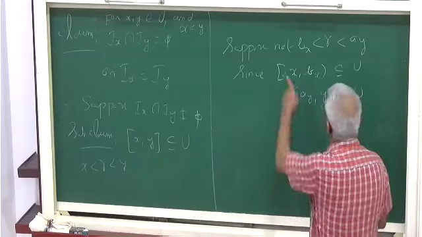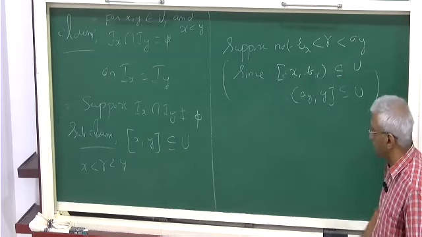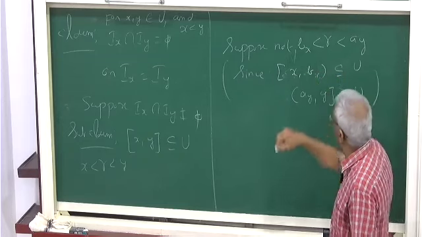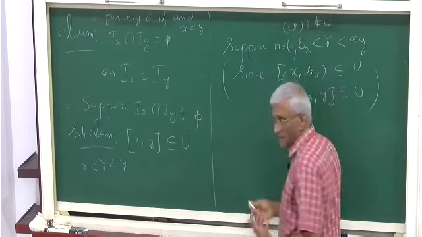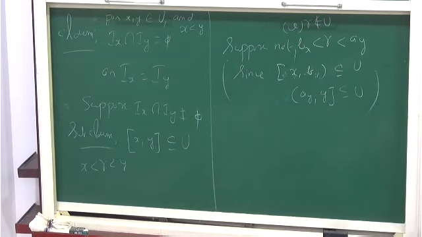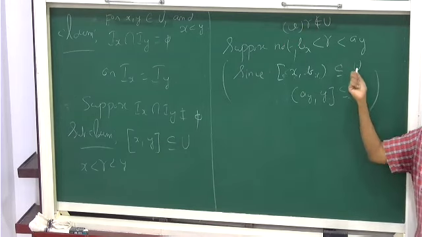That is what I have written. Suppose r is not in U. That means r should be greater than b_x and less than a_y, right? That's clear.